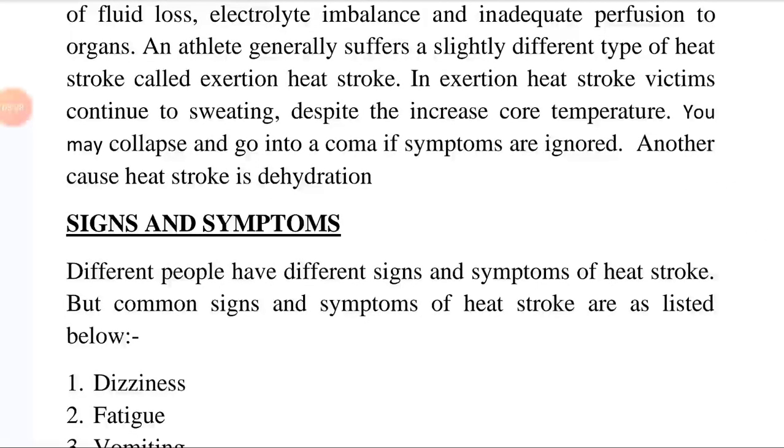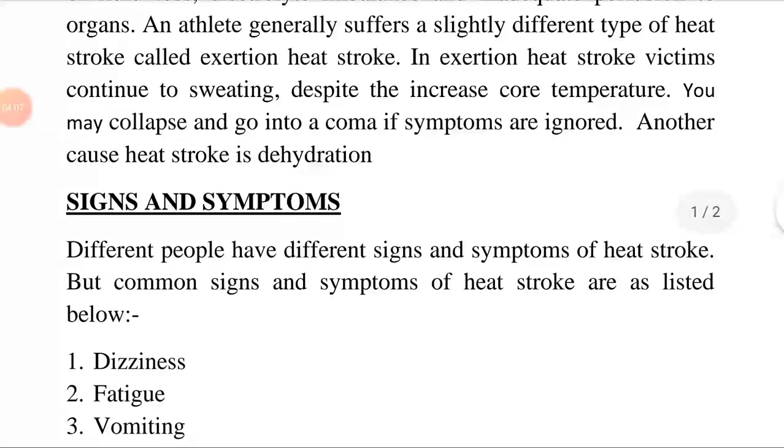An athlete generally suffers a slightly different type of heat stroke called exertional heat stroke. In exertional heat stroke, victims continue to sweat despite the increased core temperature.